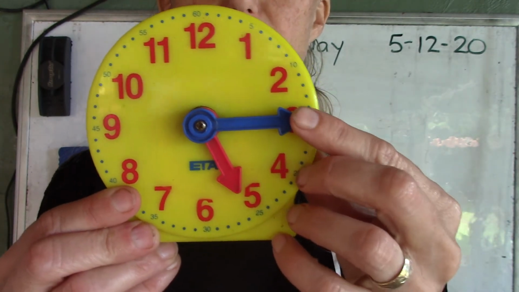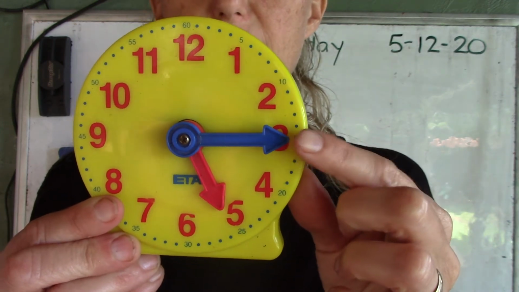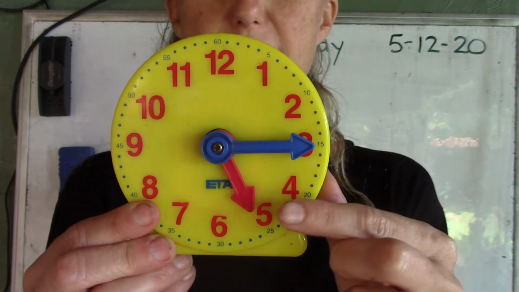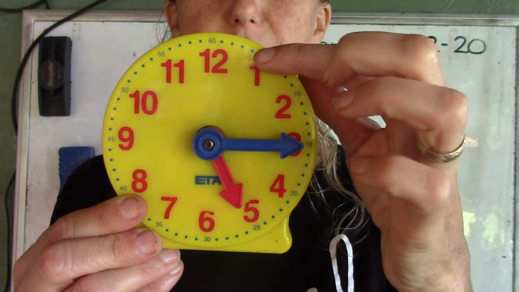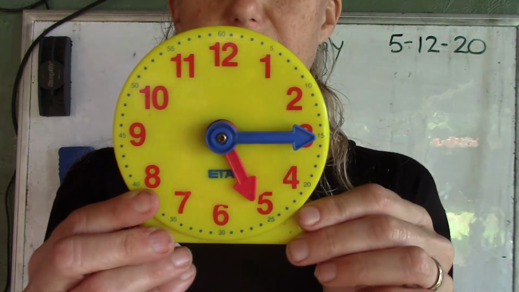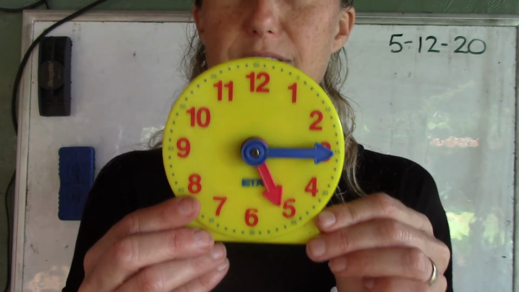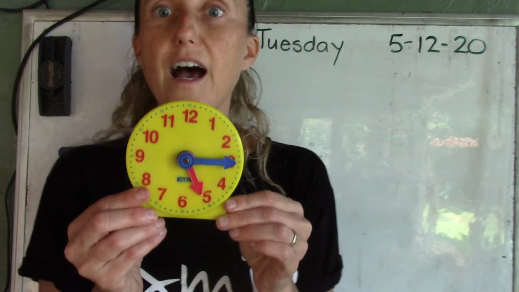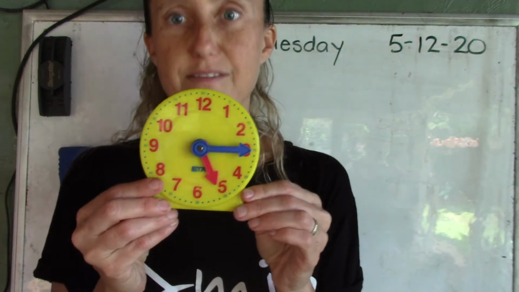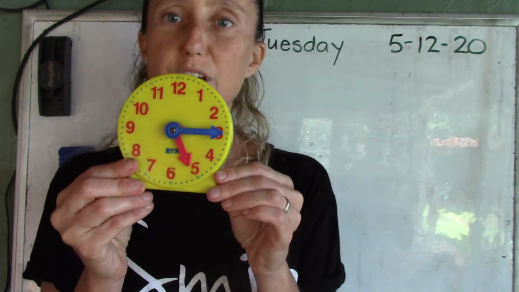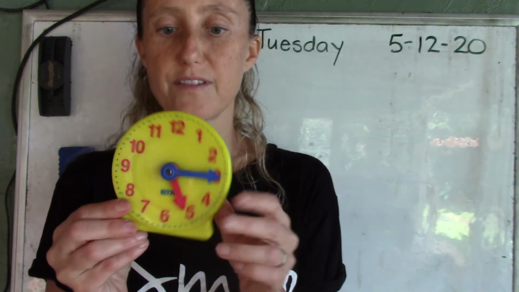And it is right here. What would we say that it's? 5. Let's count by 5s. 5, 10, 15. That's 5:15. Do you remember what's the other way to say 5:15? A quarter past 5.